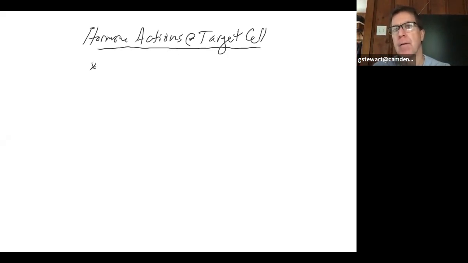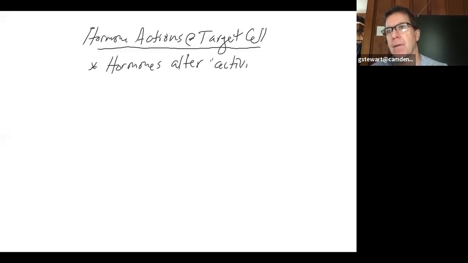First, when they reach their target cell, hormones typically alter some sort of, I'm going to put this in quotes, activity at the target cell. And we'll look at some of those activities as well.